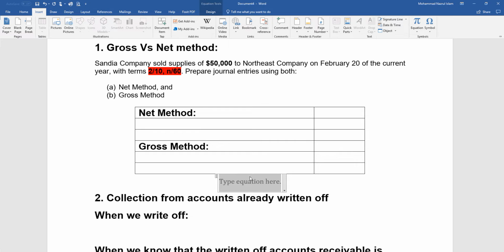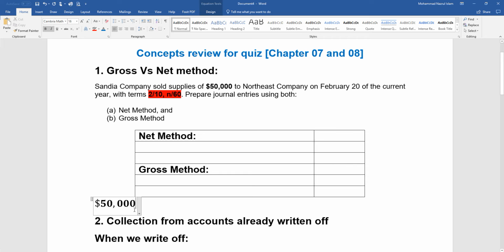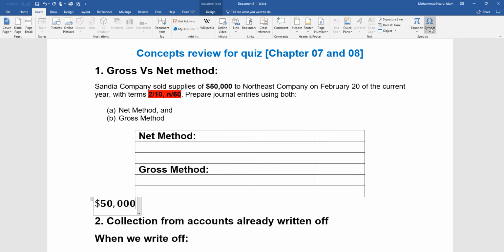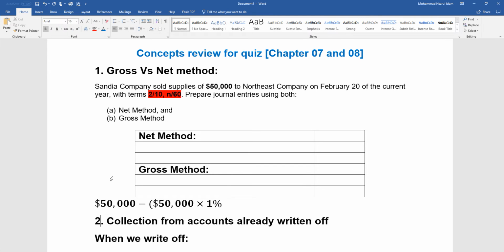It will be 50,000 minus 2%, sorry, it's 2%, right?